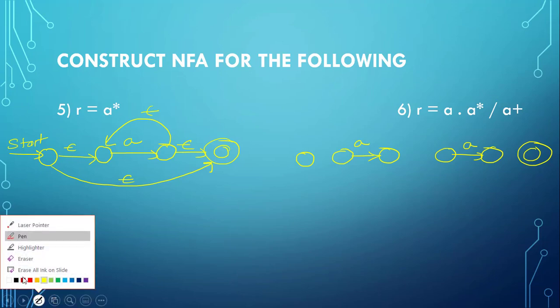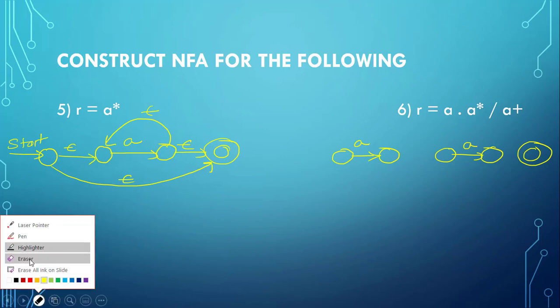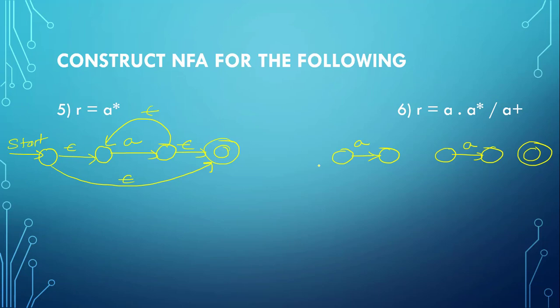The start state will be the first state of our NFA of the first A. So here this will be our start state. This will get connected since it is a dot, over epsilon. Then from this state we will directly reach the final state, and this will be connected over epsilon, and it will be a self loop for A. So here 0, 1, 2, 3 and 4, that is 5 states altogether.